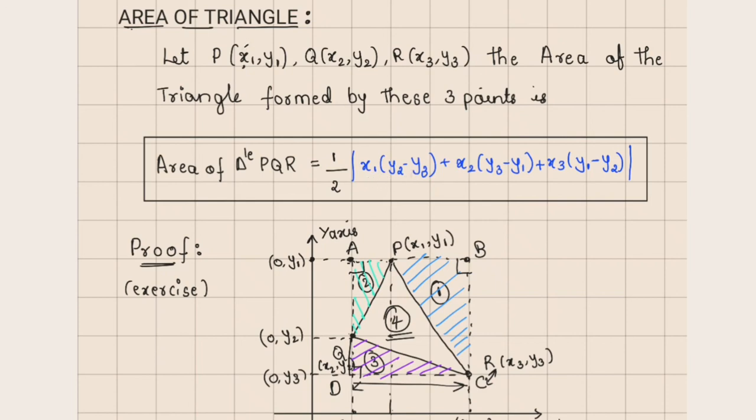See, x1 into the other two y coordinates, y2 minus y3, plus x2 into the other two y coordinates, y3 minus y1. So we don't get a term y2. Similarly, x3 into the other two y coordinates, y1 minus y2, modulus, because area is positive.